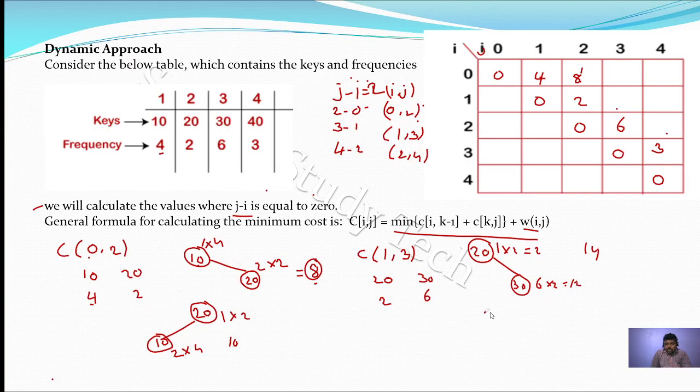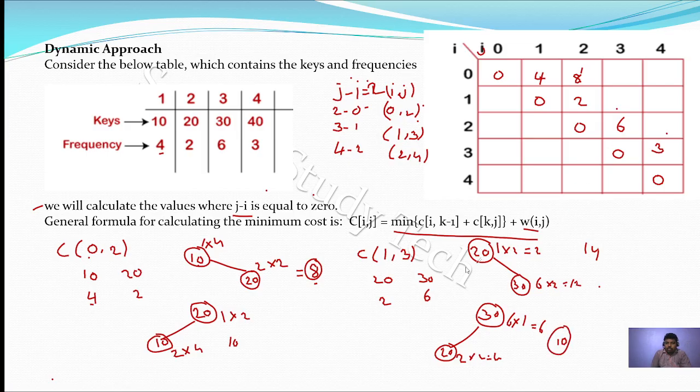One more binary search tree is also possible. Here 30 is the root node and 20 its child, that is 6 into 1 and 2 into 2, that is 4. So here it is 6 plus 4, 10, versus 14. So this is the minimum.